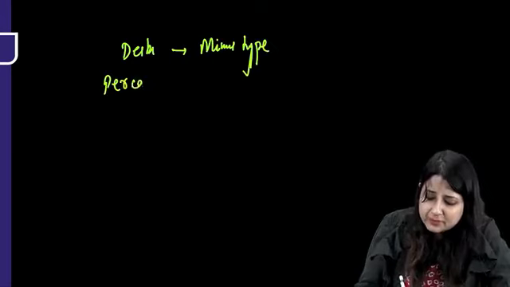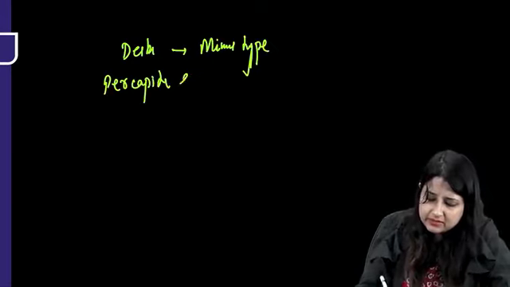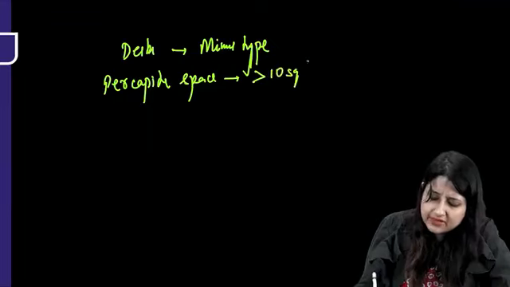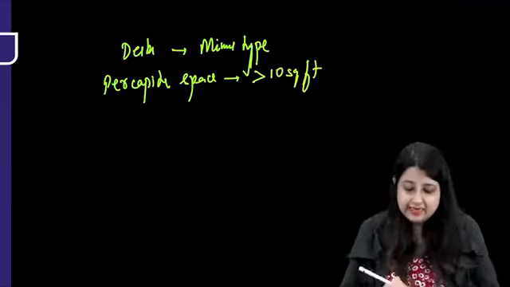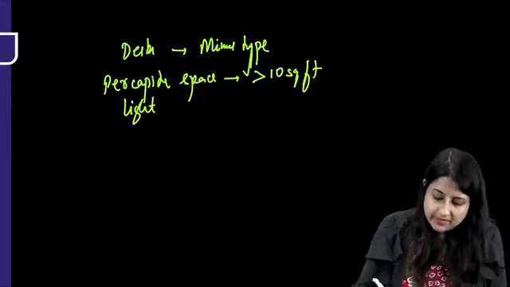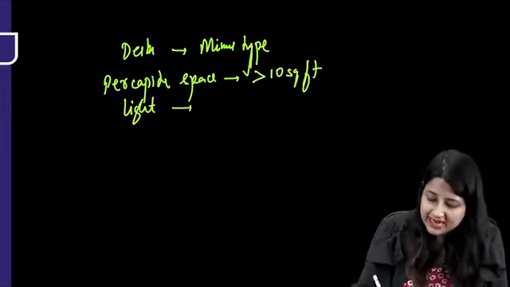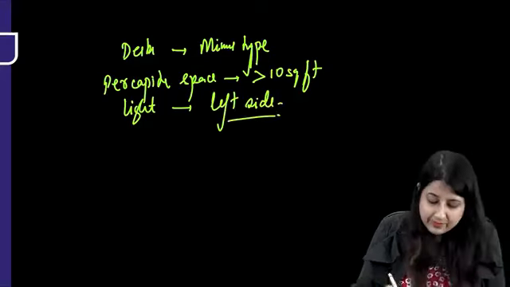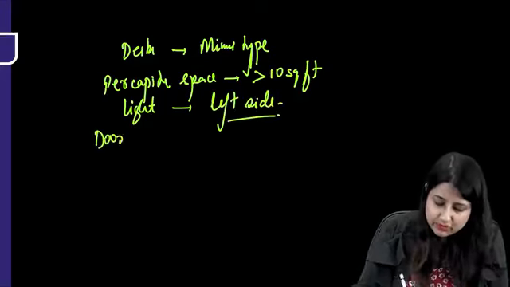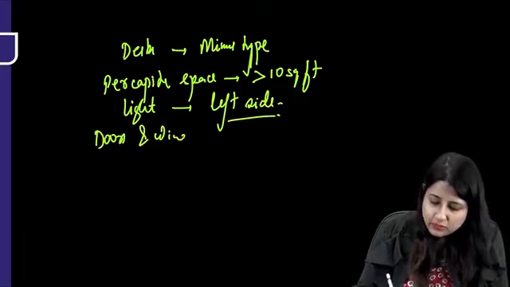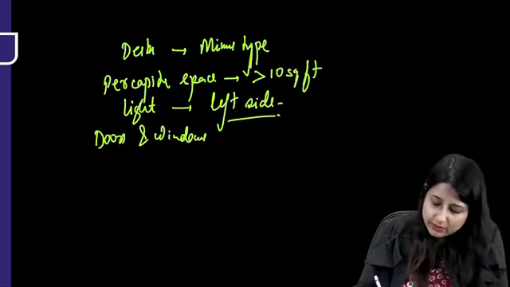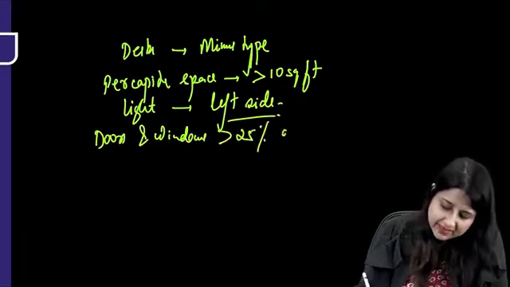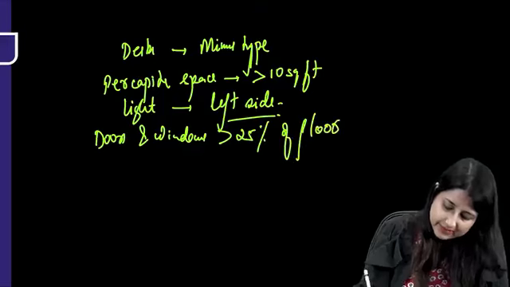Per capita space available per student should be more than 10 square feet. Most of us are right-handed, so light should come from the left side. These are certain bare minimum things you should know for school health services. Doors and windows should occupy more than 25% of floor area.